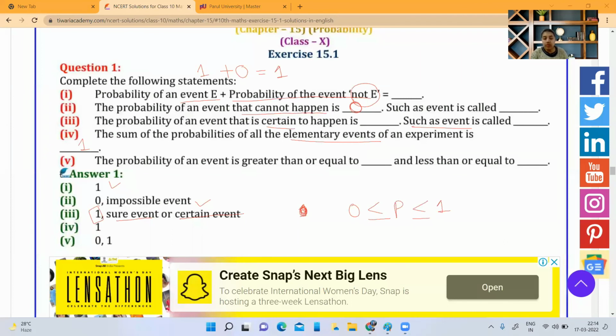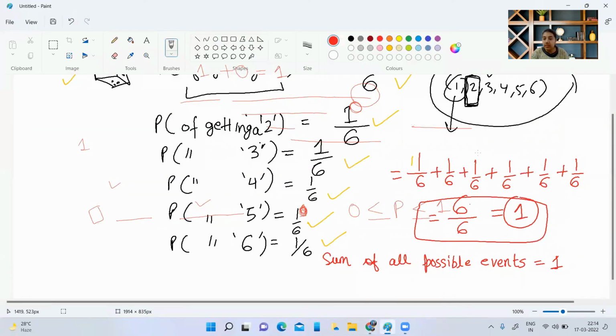Let me show you one more thing. In this die example, the probabilities we are getting are 1 by 6, right? This 1 by 6 is the probability. So if I divide 1 by 6, what will I get? 0, and 6 ones are 6, and the answer will be 4.